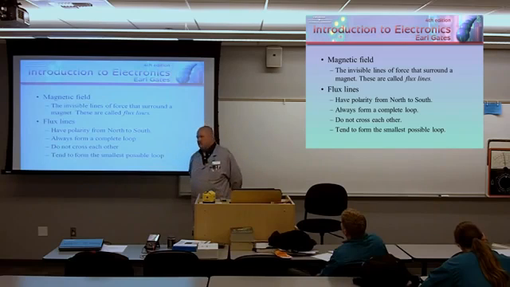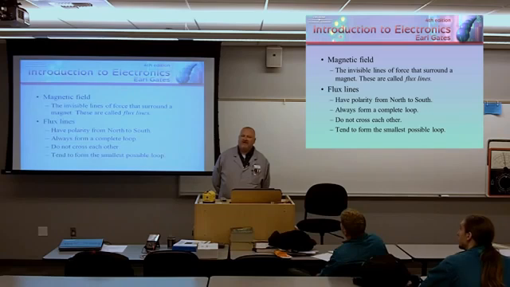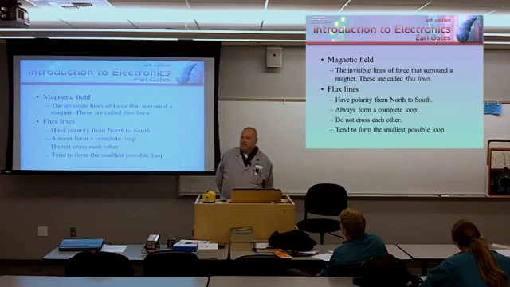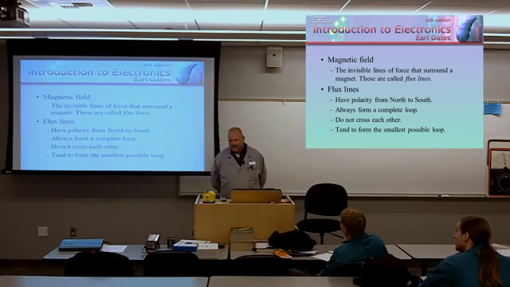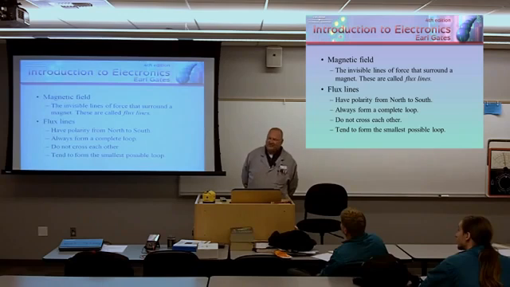There's magnetic flux that we're talking about tonight, and there's also flux that we use as a cleaning agent for soldering, okay? You're not going to use a magnetic field for cleaning and soldering. To the best of my knowledge, a magnetic field has never been used as a cleaning agent. Flux, however, is used as a cleaning agent, different type of flux. Okay, so this word has two meanings in electronics.